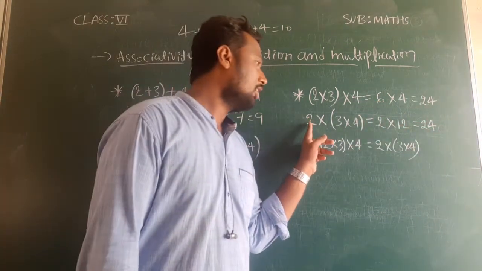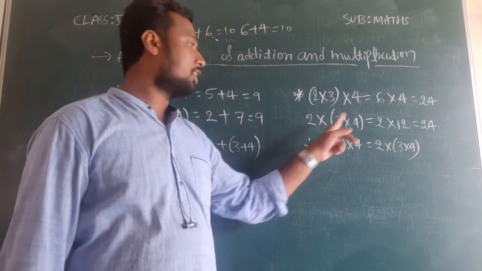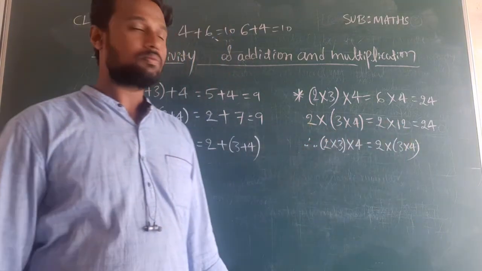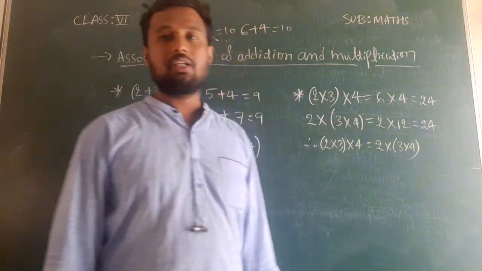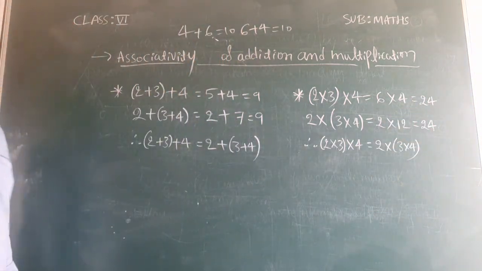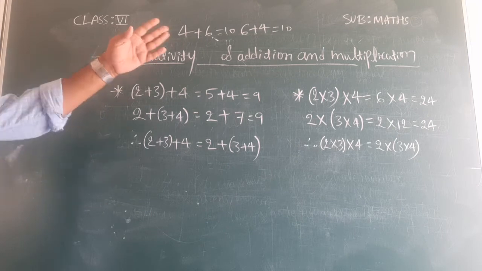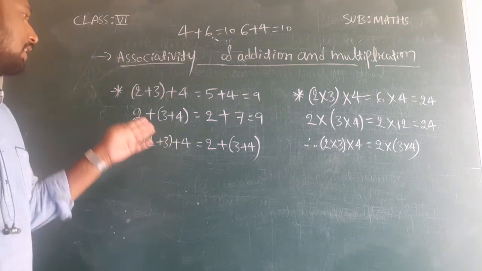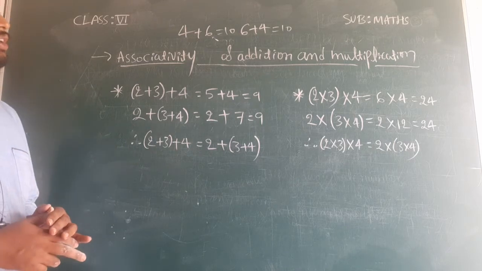Like that only here we consider 2 separately, then we have written 3 into 4 inside the bracket, so that we got the same answer. Therefore this associativity of multiplication is applicable for whole numbers and here for addition also.